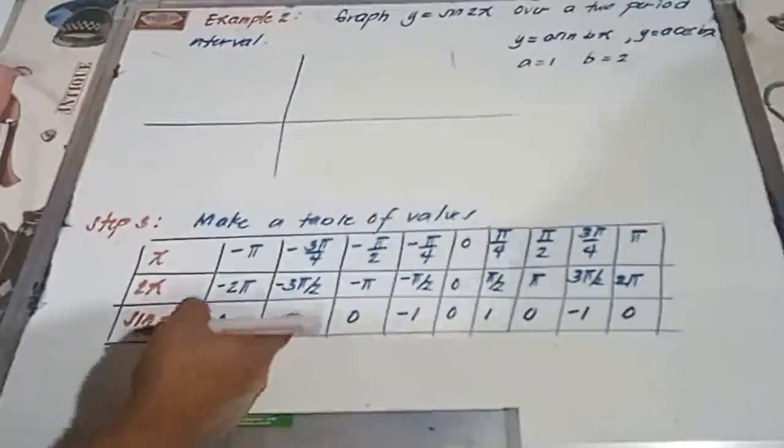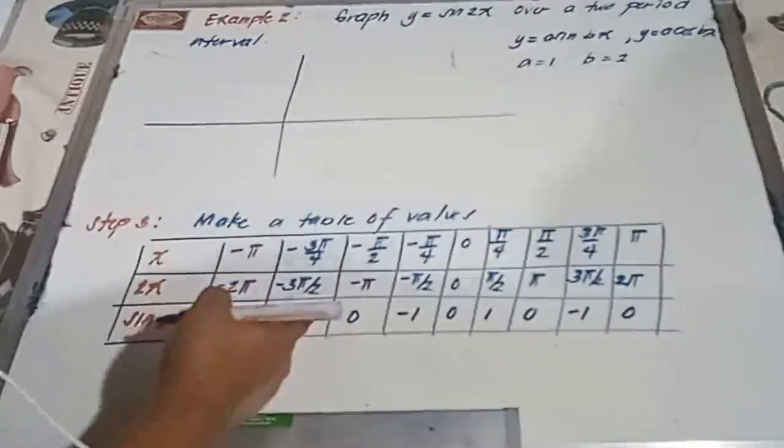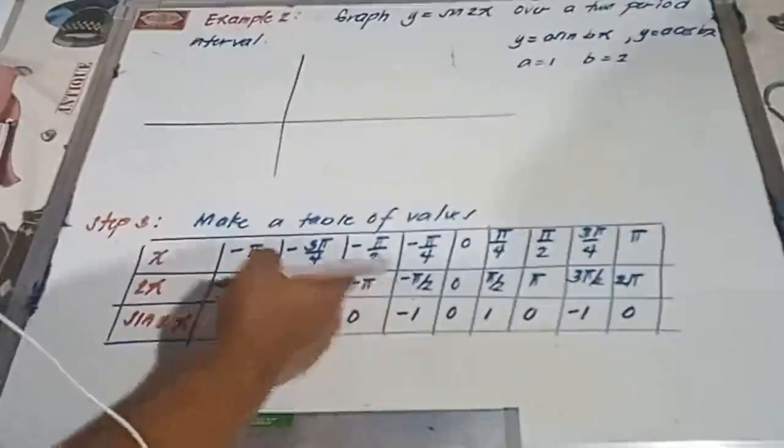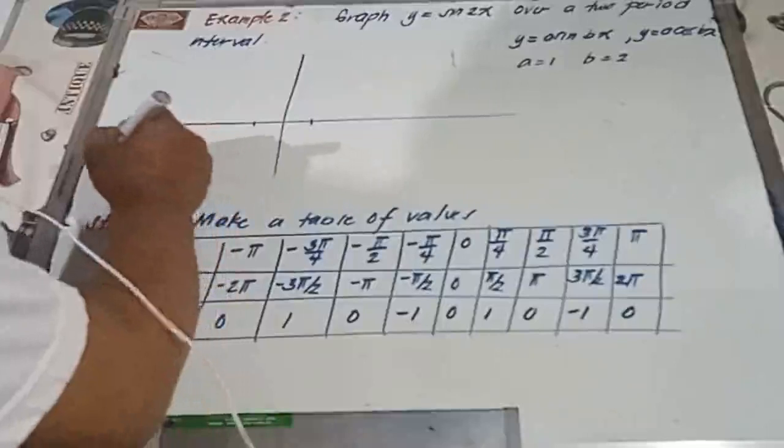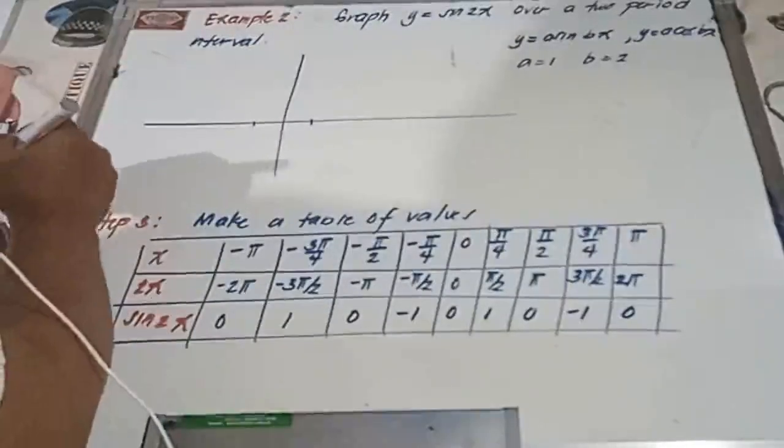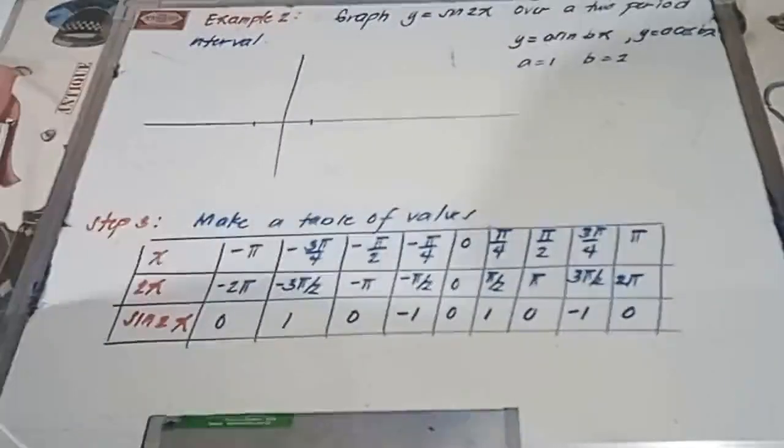So, lagay natin yung kanyang scale. We have 0, pi over 2, pi, 3 pi over 2, 2 pi. Okay?